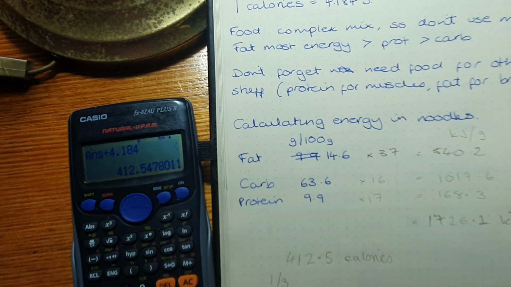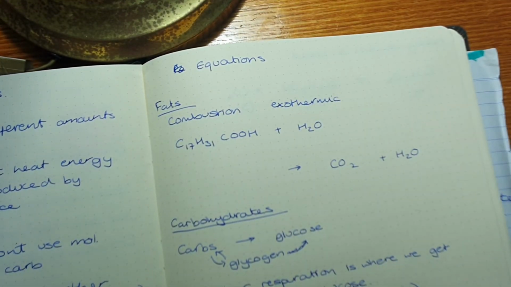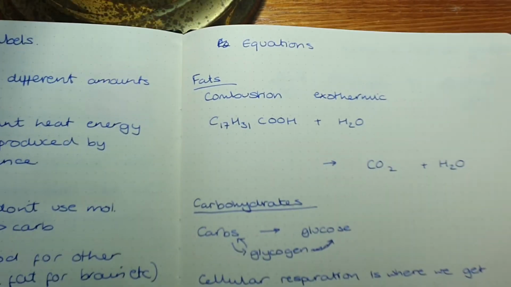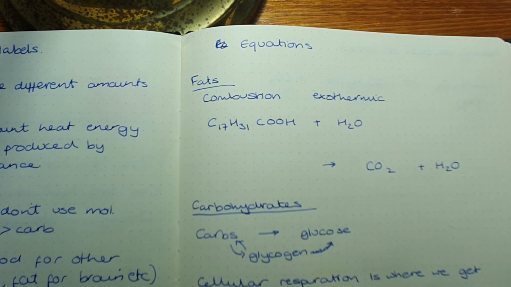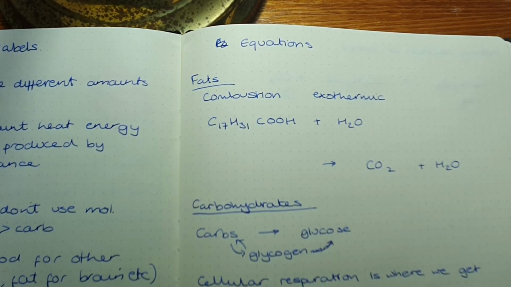Then we've got some equations. So this is our 2 dot points going through. We've got some complicated equations and we'll just need to break them down into their components and remember how to do our balancing.